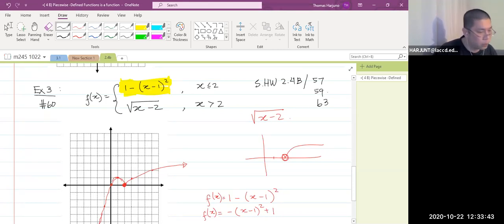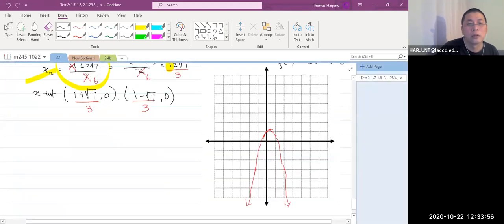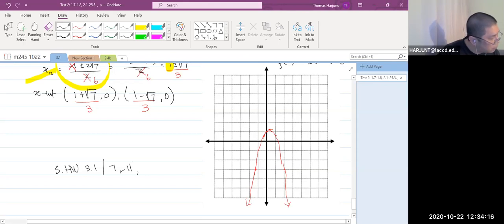And then for 3.1, suggested homework: I need you to do number 7 to number 11, and then number 17 to number 29, maybe up to number 25 is good enough.